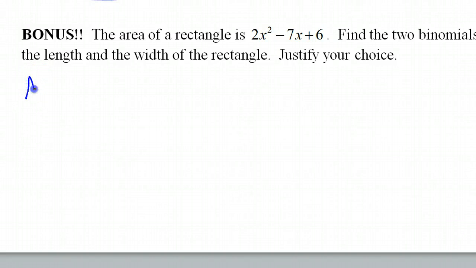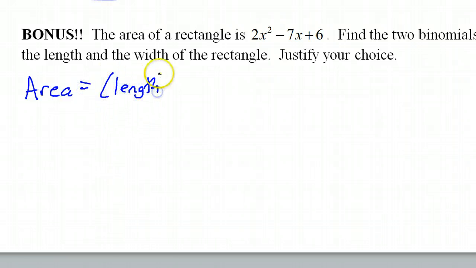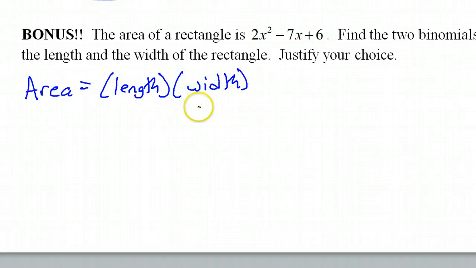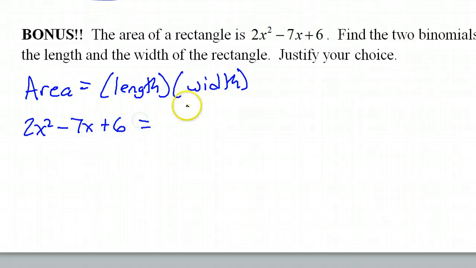Well, the area of a rectangle is length times width. Okay, doesn't this remind you of factoring? So they're telling us that the area is 2x squared minus 7x plus 6.